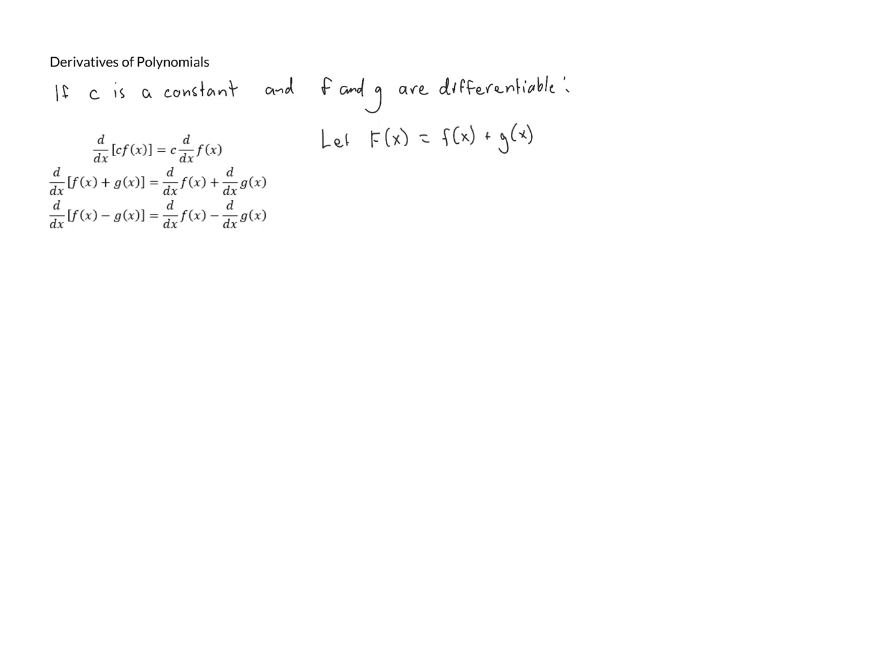So if we want to know the derivative of capital F of x, that's going to be the limit as h approaches 0 of capital F of x plus h minus capital F of x all over h.